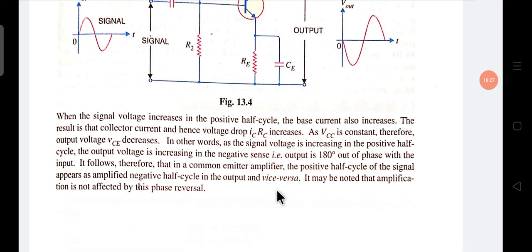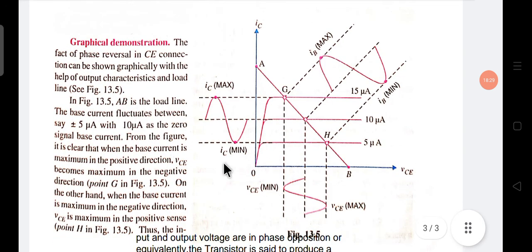And now, what is the graphical representation? The effect of phase reversal in a common emitter connection can be shown graphically with the help of the output characteristic and load line. This AB is the load line in figure 13.5.